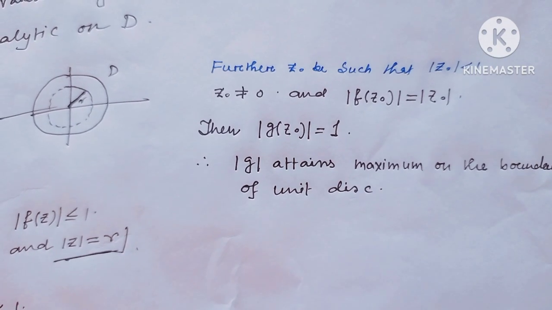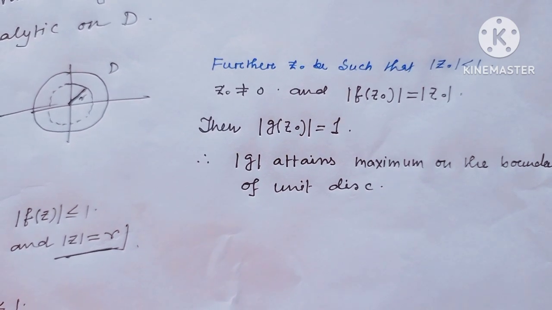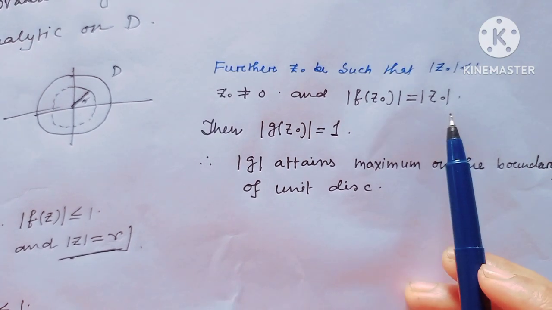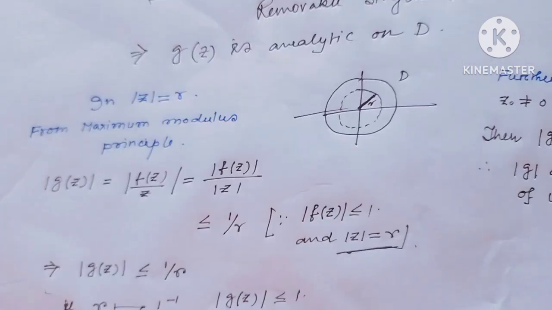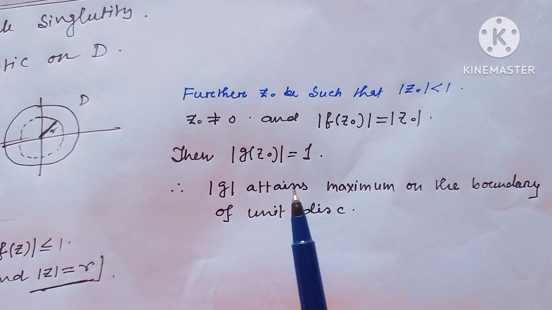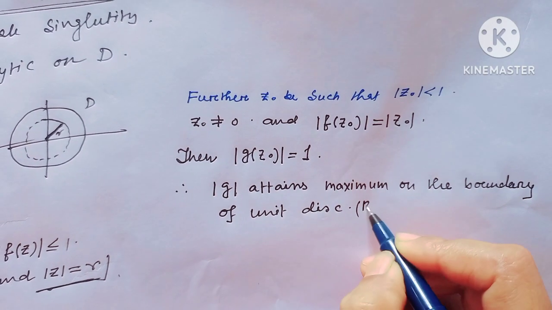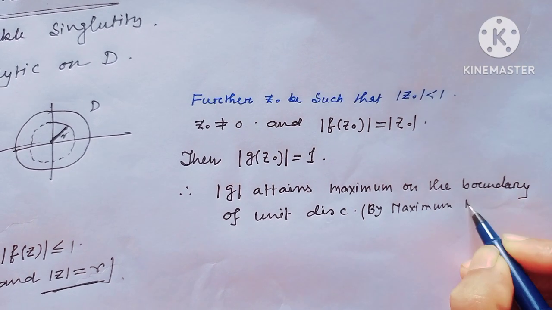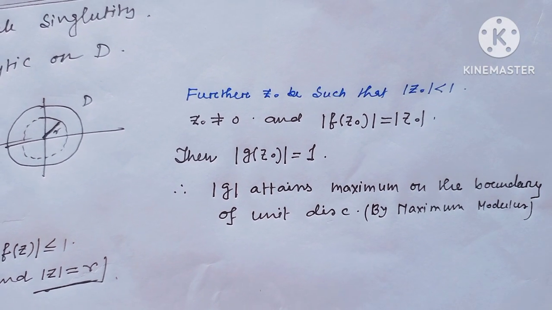Further condition: let z0 be such that modulus of z0 is less than 1 and z0 not equal to 0, and absolute value of Fz0 equals absolute value of z0. Then since Gz equals Fz over z, that implies absolute value of Gz0 equals 1. That means by the maximum modulus principle, as we all know, when a function is non-constant, then G attains its maximum on the boundary of the unit disc.